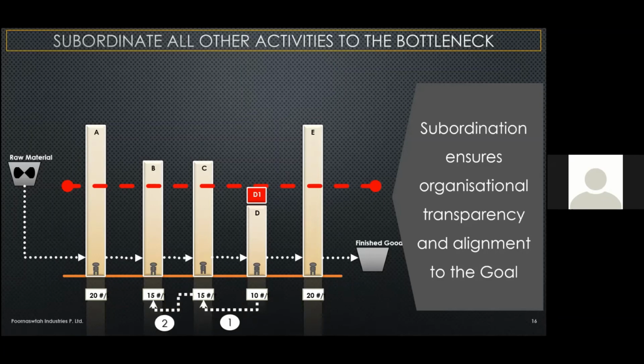Accordingly, B also aligns to C, produce what C wants, the fastest, and A aligns itself to B's need, the fastest satisfaction, and orders only that much raw material from the supplier, nothing more. The supply is only D plus D1, no 20 unit supply.